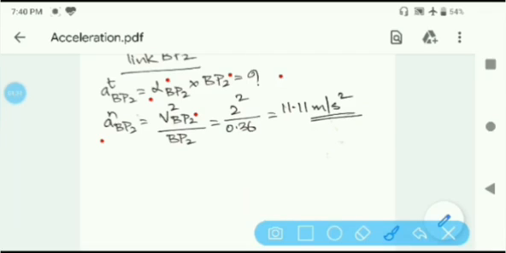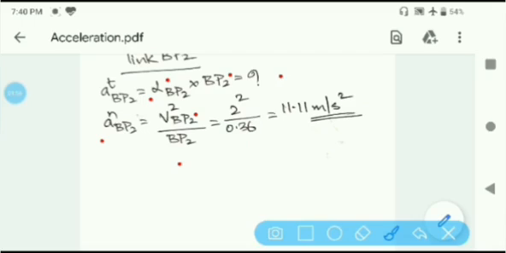V is the relative velocity of B relative to P2, and that can be obtained from the velocity diagram. You measure the length of the line BP2 in the velocity diagram, and divide by the length of the link BP2.